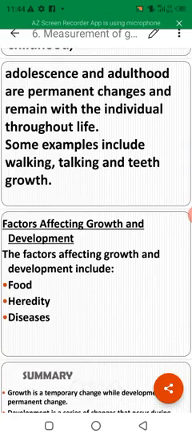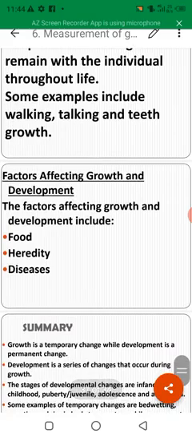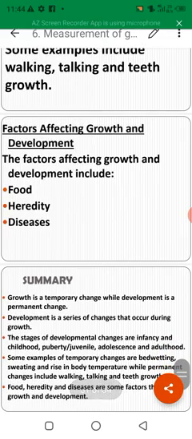So what are the factors now that affect growth and development? Number one, food. The food we eat affects our growth and our development. Also, heredity. There are things we inherit from our parents that affect our growth.